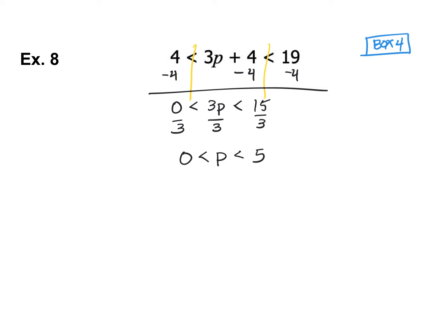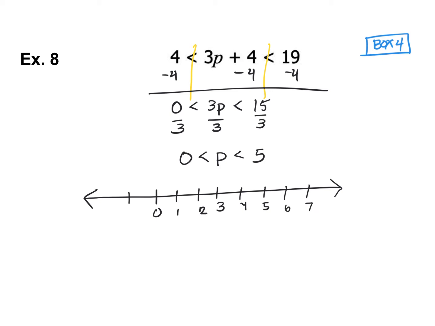Okay, let me draw this on my number line. 0, 1, 2, 3, 4, 5, 6, 7. All right, set notation.